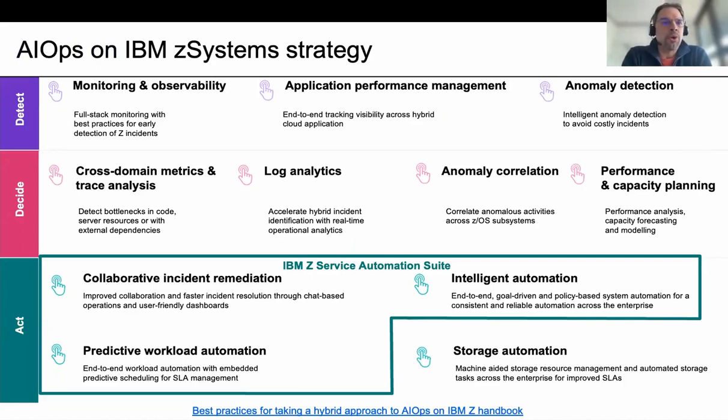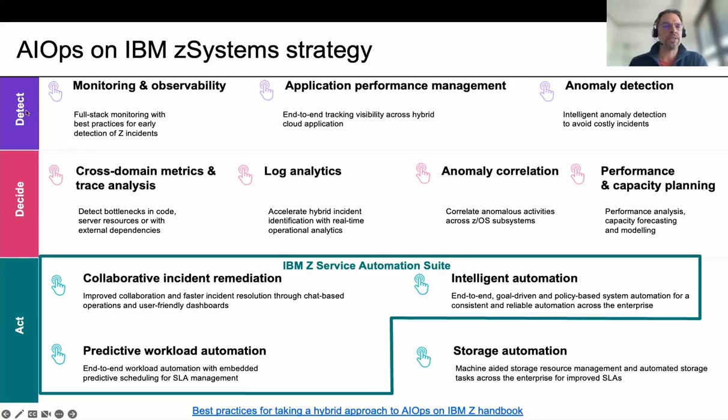This is an overview of our IBM AIOps strategy on IBM Z systems. For our IBM Z systems AIOps portfolio, we have developed this framework of best practices. These are organized around the different AIOps capability areas: detect, decide, and act.